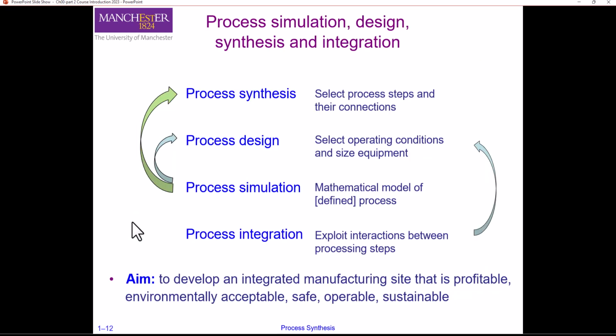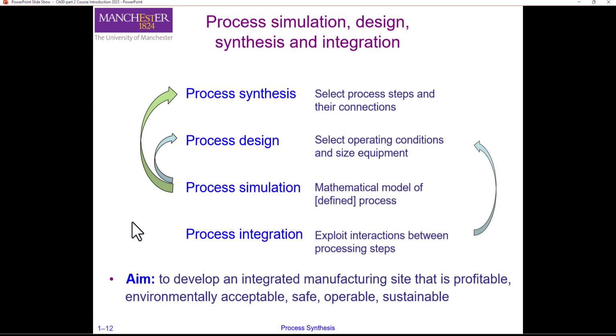The design of chemical and biochemical processes involves process synthesis, process design, process simulation, and process integration. These activities are complementary and very often iterative in nature. So this slide defines various activities and shows the connection between them.